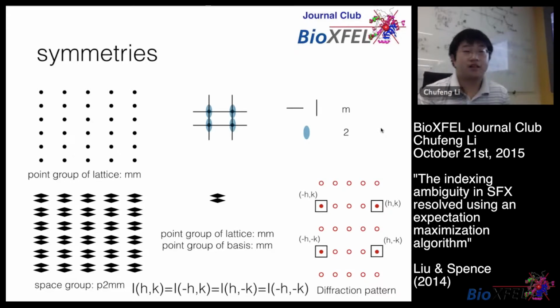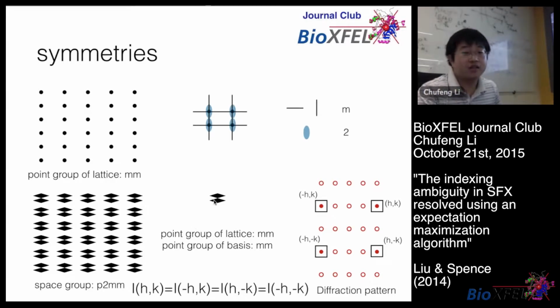So let's look at a 2D example. The slide shows a 2D rectangular lattice, which has mm point group symmetry. The symmetry elements include the two-fold rotation axis and the mirrors in two orthogonal directions. And then we add the basis to the lattice.